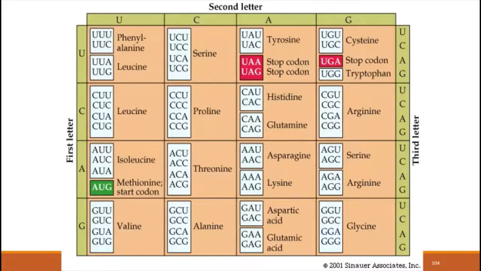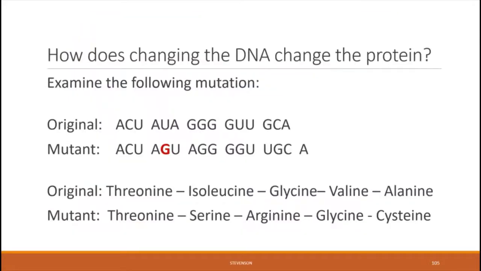That means that when the amino acids are translated, every single one of them after this point is going to be something different. Only the first amino acid, the one that came before the mutation, is unaffected by the insertion of this extra letter.